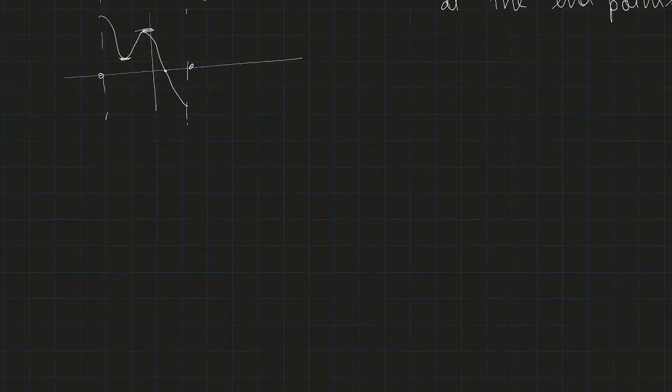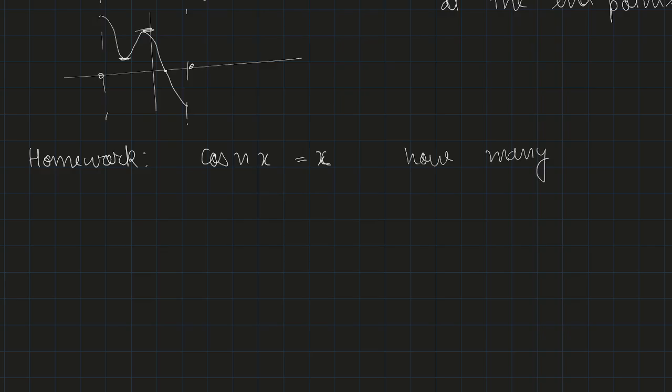Okay, now I'll give you a homework. I think we have done enough in this, so you should be able to attempt it. If you have cos of nx equals x, how many real solutions exist? It is not a very trivial problem because it depends a lot on the value of n.